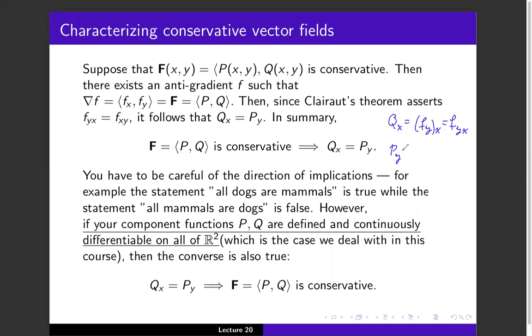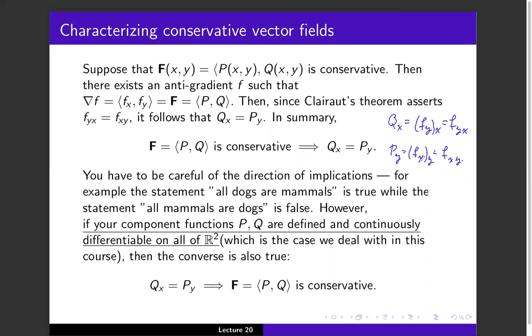And Py, same principle, fx differentiated with respect to y, or in other words, fxy. So since Clairaut's theorem says that those are the same thing, if your vector field is conservative, then the derivative of Q with respect to x is equal to the derivative of P with respect to y.